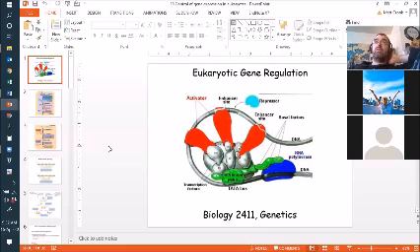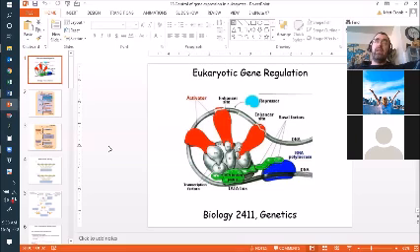And there are multiple levels on which this occurs, and that adds to the complexity. Every single level adds a different control, like a different dial or a different switch, to be able to vary the amount of active protein.